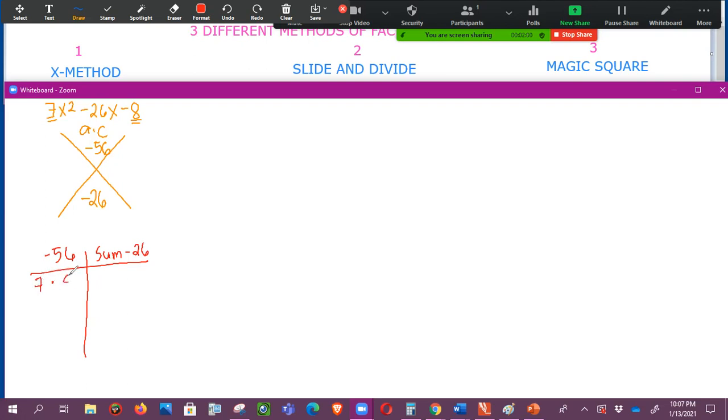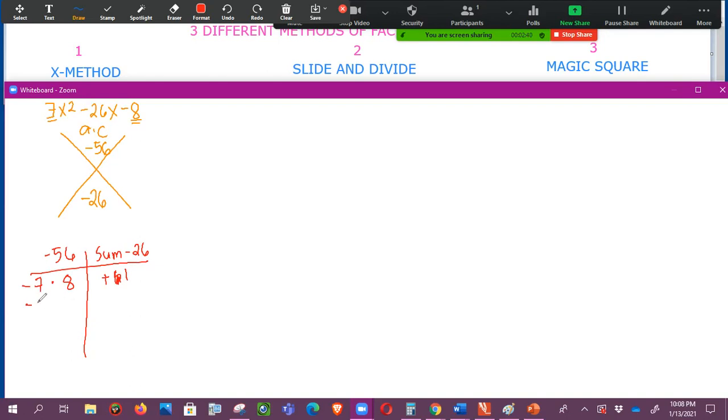If I multiply 7 and 8, is that negative 56? One should be negative. Okay, that can give us negative 56, but the sum would be positive 1, right? So we're not even close, so we need to try again.